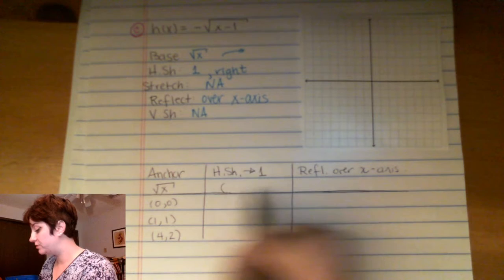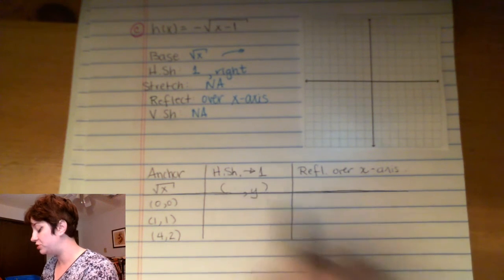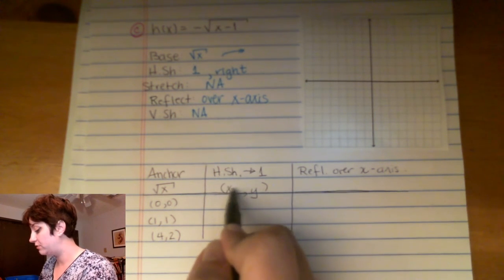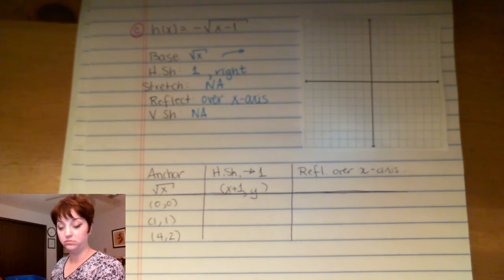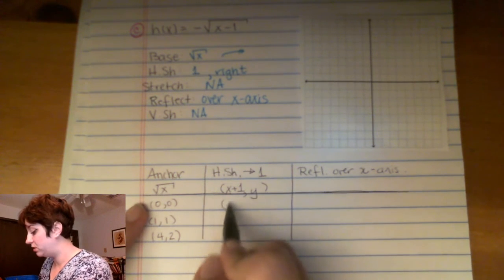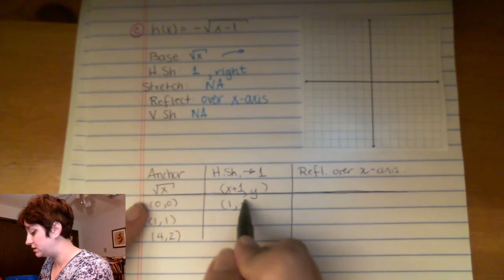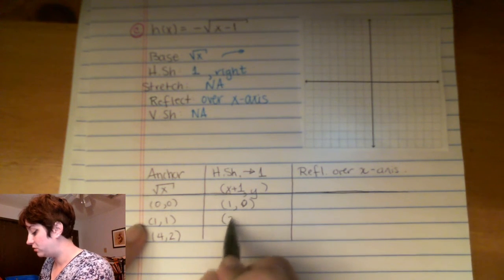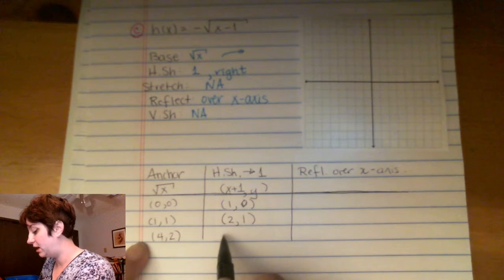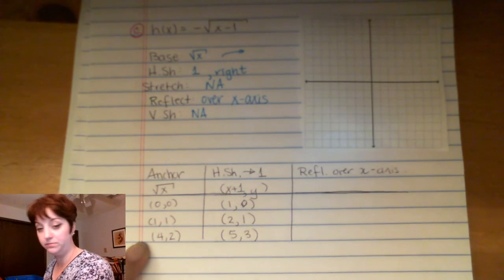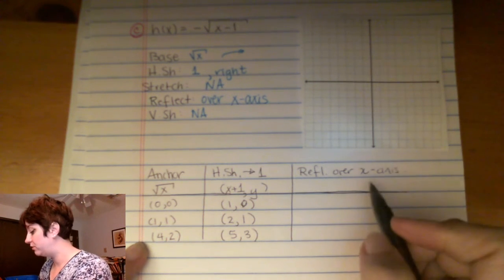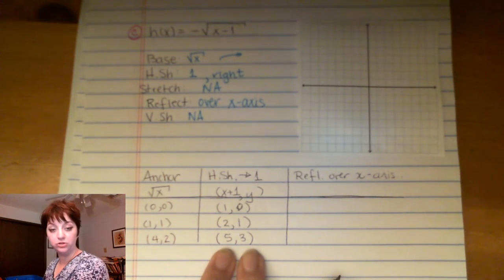Horizontal shift. So if it's horizontal, I'm changing x's. If I want to shift to the right, I need to add 1, right? So add 1 to x, y stays the same. Reflect over x-axis. So here's me doing one of the transformations.